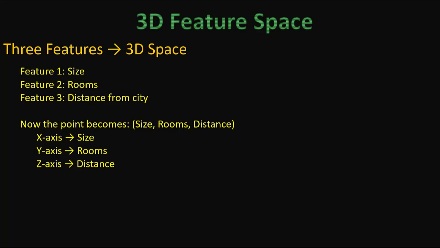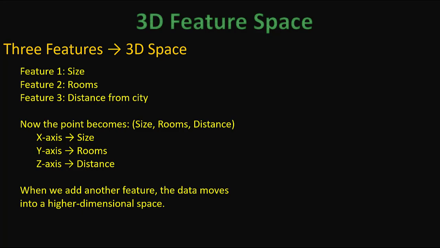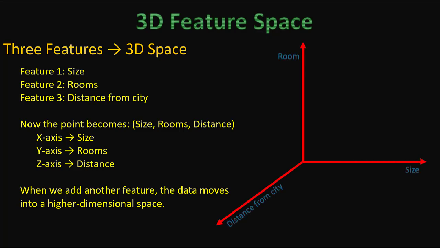The x-axis represents the size, y represents the rooms, and z represents the distance from the city. So we add one more feature compared to the previous case, and it becomes a higher dimensional space. Here we have three axes, X, Y, and Z, and this point is the house.